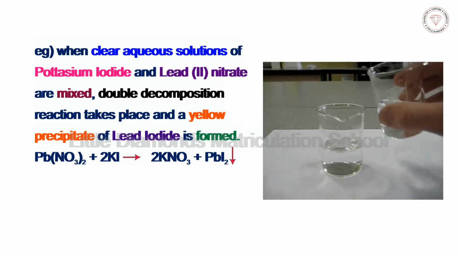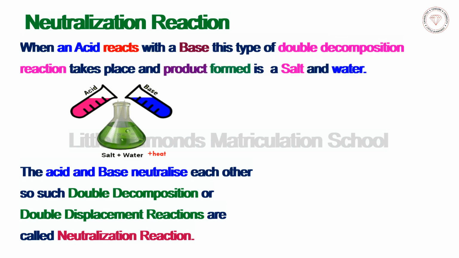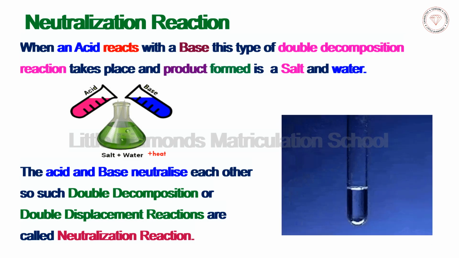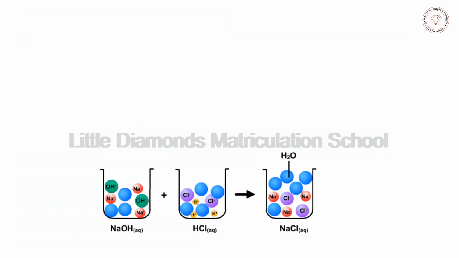The next type of reaction is neutralization reaction. When an acid reacts with a base, this type of double displacement reaction takes place and the product formed is a salt and water. The acid and base neutralize each other, and so such double displacement reactions are called neutralization reactions.